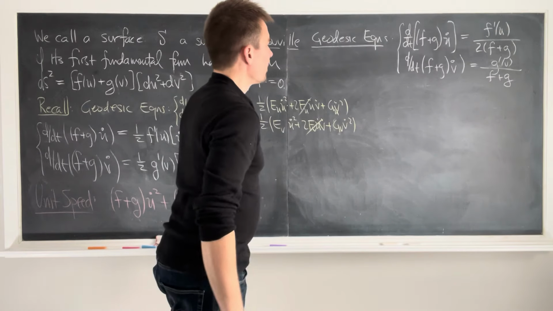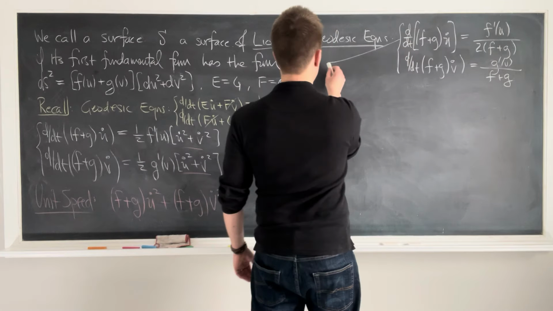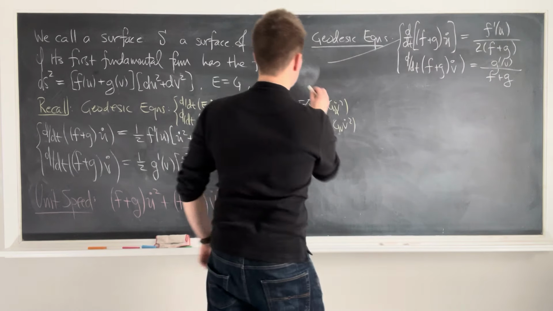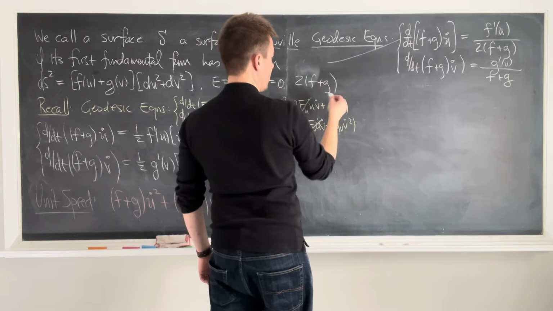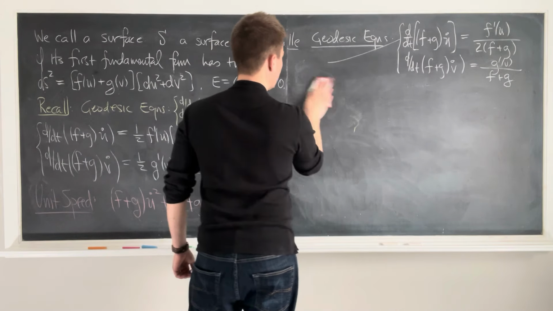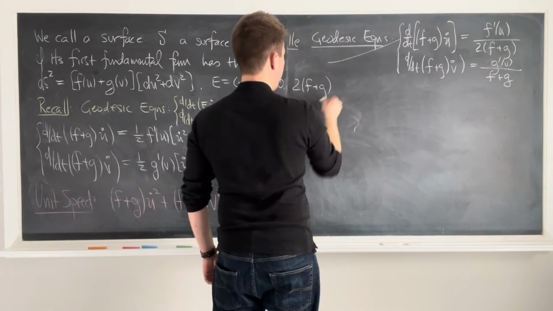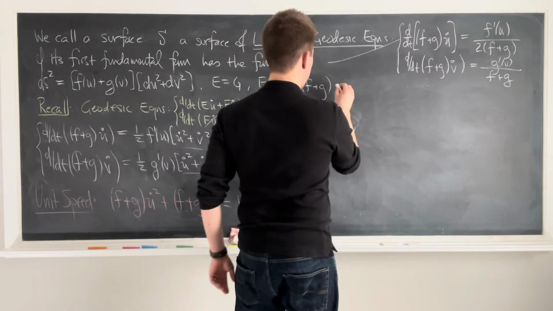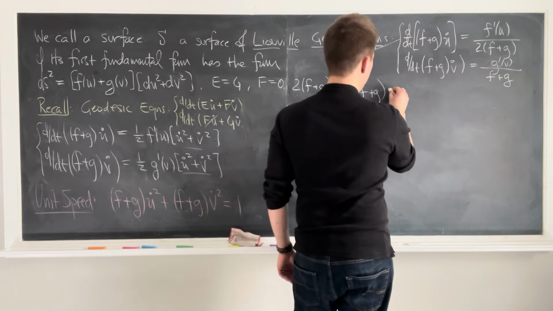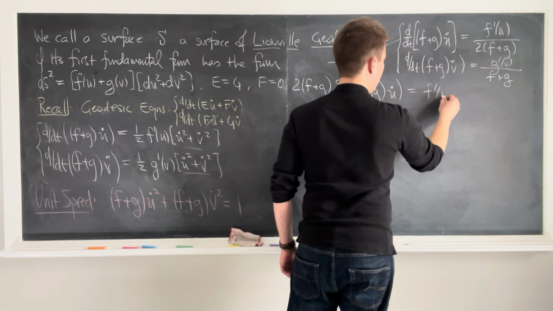Okay? So let me take that first geodesic equation and rewrite it. I'm going to multiply by this 2 times f plus g. So I have 2(f plus g) times d by dt of (f plus g) u dot is equal to f prime of u.